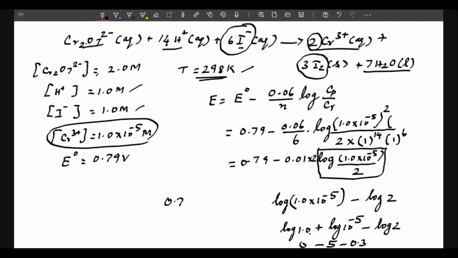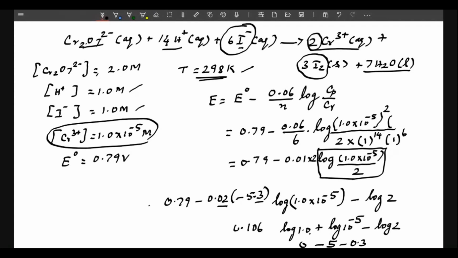Therefore, 0.79 minus 0.02 into minus 5.3. 5.3 into 2 is 10.6. Here 2 decimals, here 1 decimal, therefore this one.